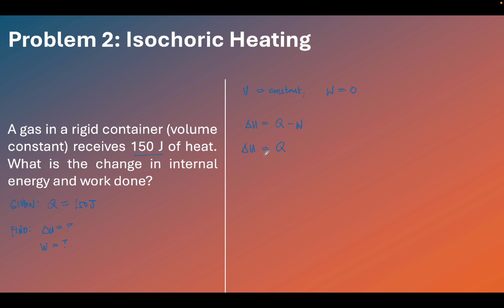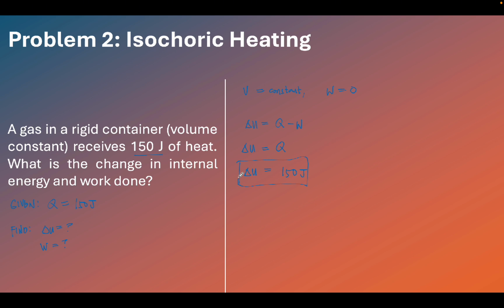Okay, heat. So we have the heat is 150 joules, so it means that delta U, or the change in internal energy, is also equal to 150 joules. Okay, did you understand?